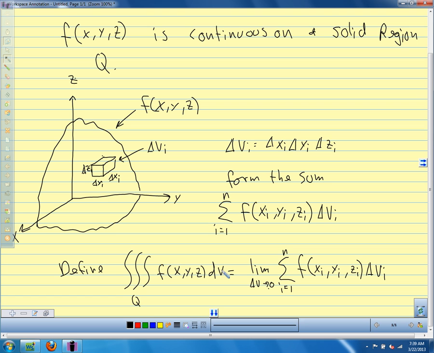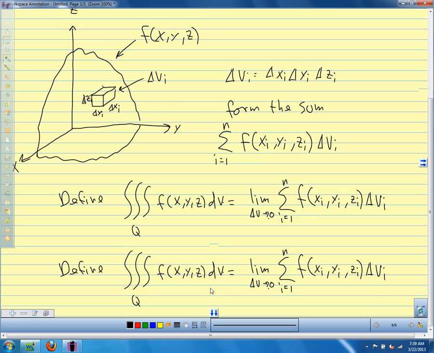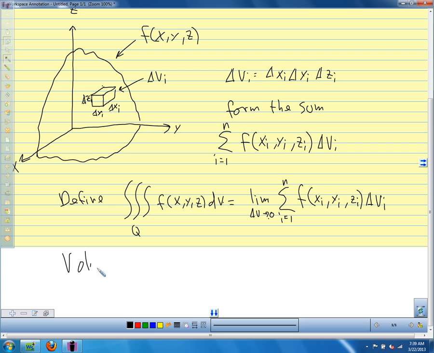So this should be somewhat familiar now after we've done double integrals. And if we're just interested in the volume of this region, the volume is just the triple integral over Q of dV.